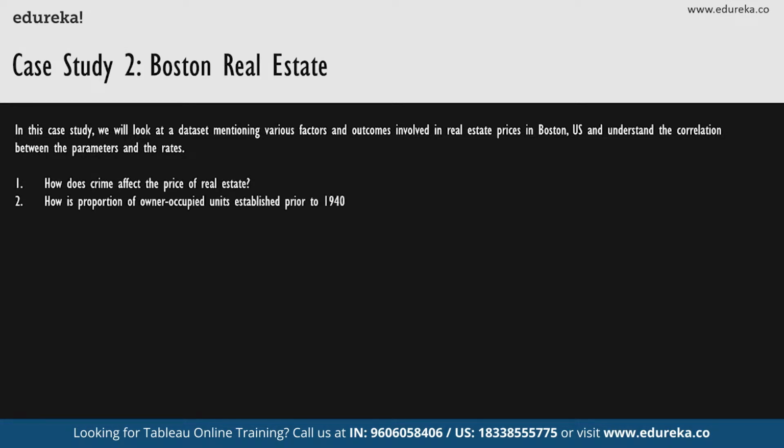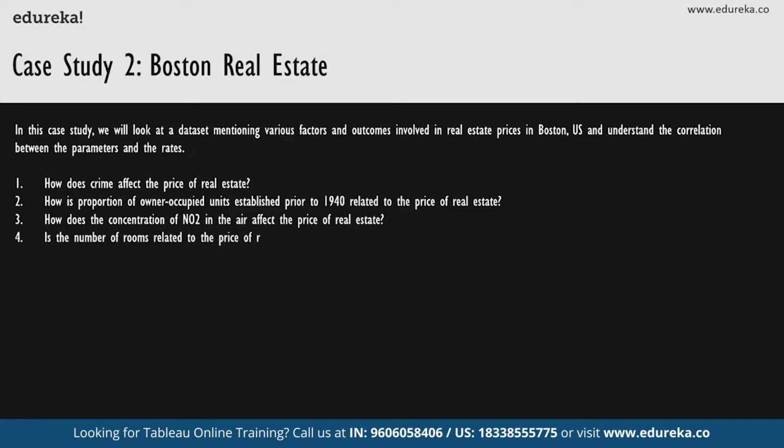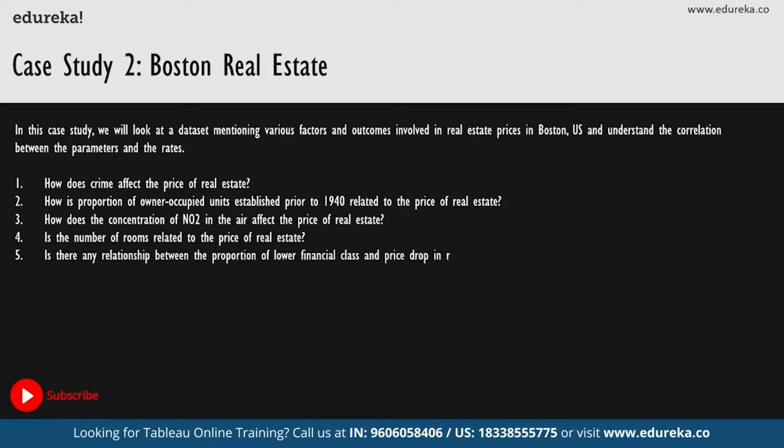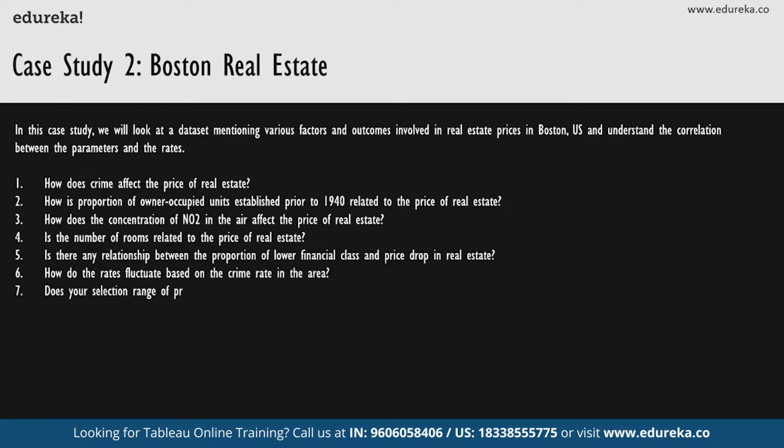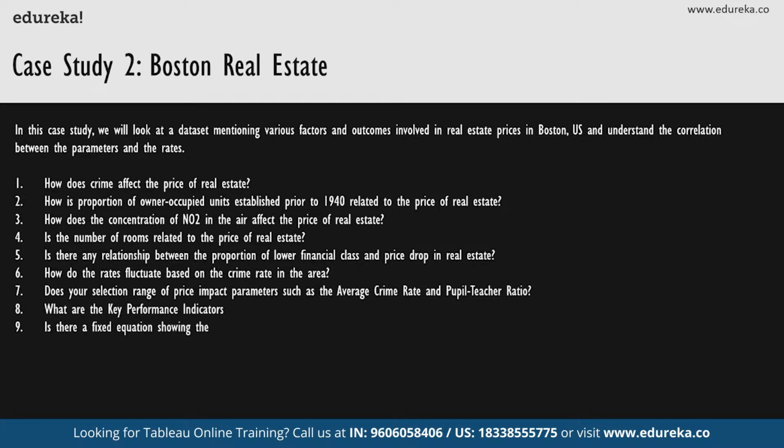Through this exercise, we will try to find out how crime affects the price of real estate, how the age of the building or the proportion of owner occupied buildings affects the price, how the number of rooms is related with the price of the flat you take, and how these rates vary in time.